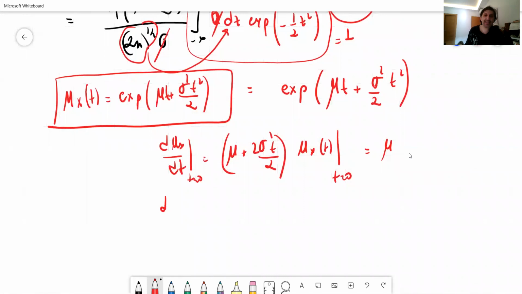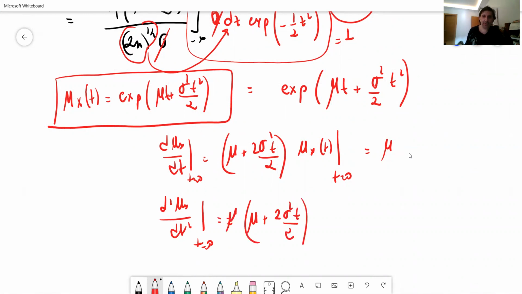And when it comes to the second derivative of the moment generating function evaluated at t equal to 0, well, okay, it's going to take a little bit more time. So let's see, we have here the first derivative is this one. So this is going to be mu plus 2 sigma square t over 2, and we are going to have another mu coming here, so mu times this exponential.